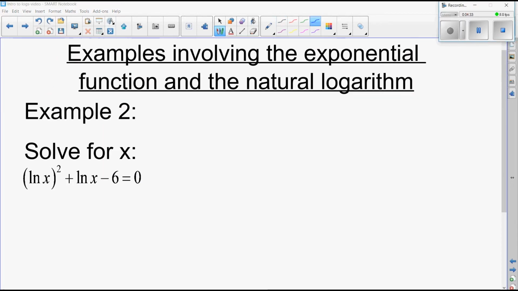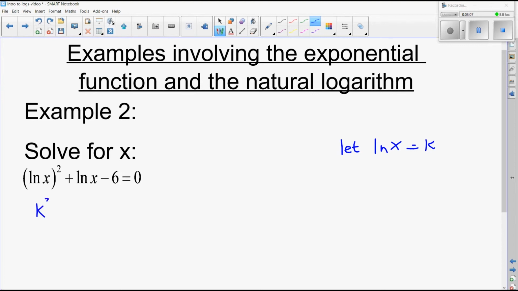Example 2 of examples involving the exponential function and the natural logarithm. We are once again asked to solve for x, but now we have ln x squared plus ln x minus 6 equals 0. Immediately I'm going to use k substitution, and I'm going to let ln x equal k. And I do this to help me to simplify or to factorize this quadratic expression that I have here.